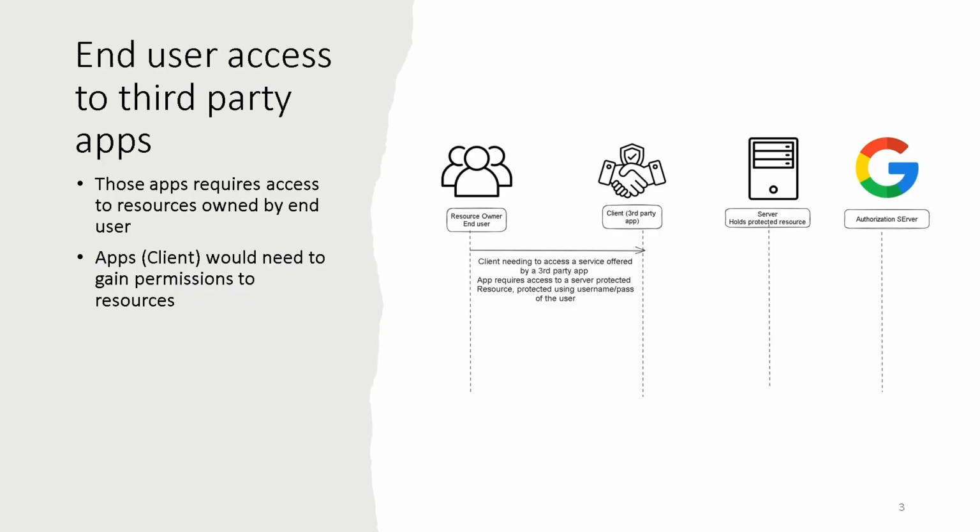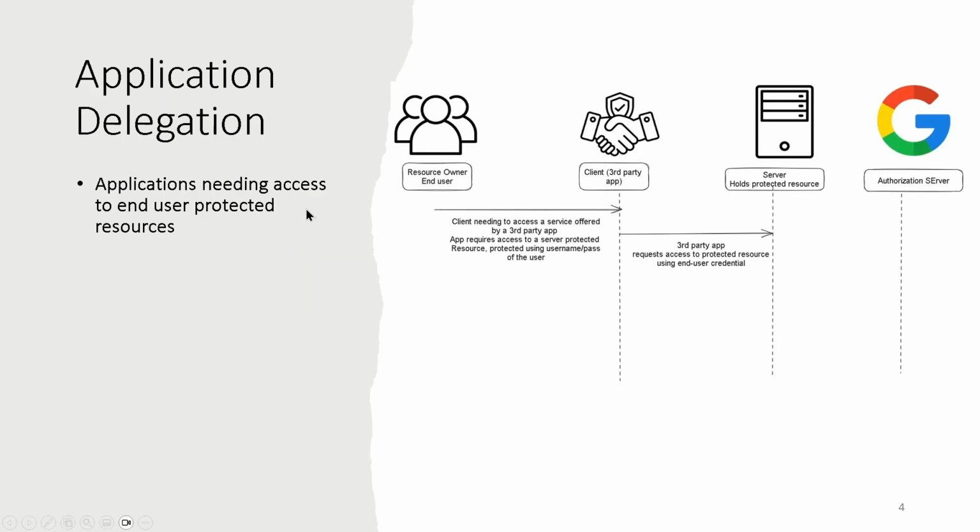Third-party applications often require access to resources owned by end users. These are resources that might have personal data or functionalities within other services. OAuth and OpenID Connect facilitate this access in a secure manner, ensuring that end users' permissions are obtained before any access is granted.